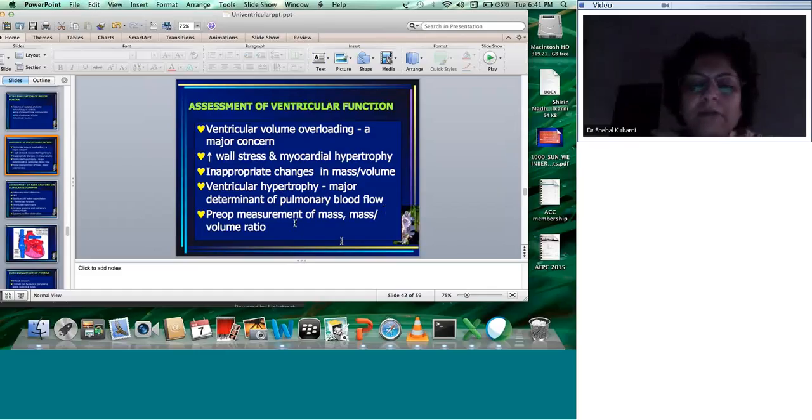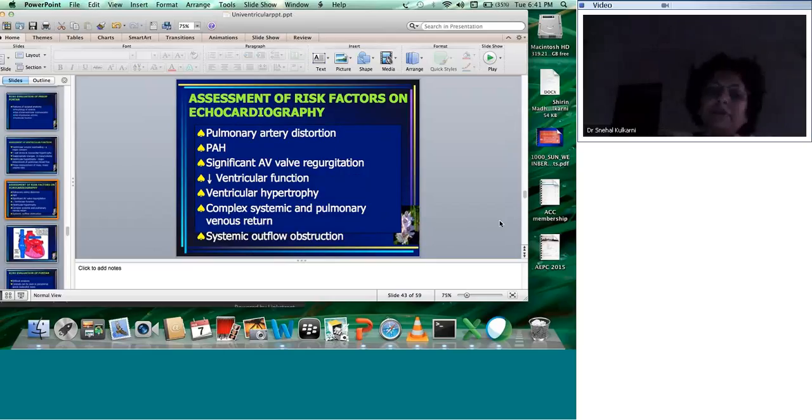And therefore, preoperative measurements of mass volume ratios are very important to assess that your ventricle is prepared enough to take the Fontan circulation. What are the risk factors? If you have pulmonary artery distortion, pulmonary hypertension or increased pulmonary blood flow, significant AV valve regurgitation, reduced ventricular function, ventricular hypertrophy, complex systemic and pulmonary venous return, especially if you have any obstruction to pulmonary venous return, or systemic outflow obstruction like a restrictive bulboventricular foramen.